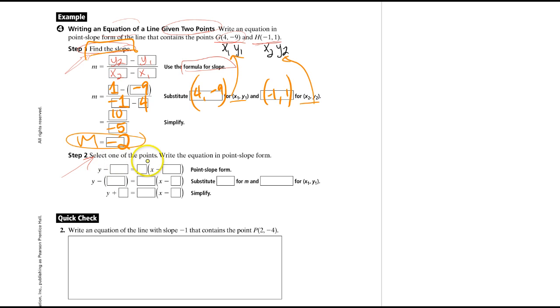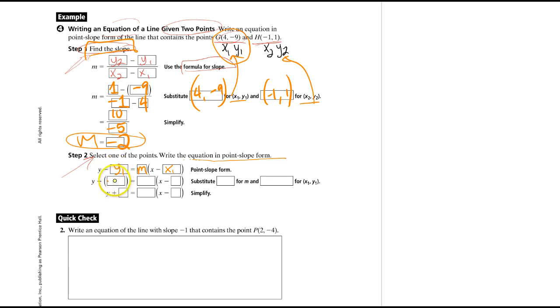Now we can select one of the points and write the equation in point slope form. All right, well, what was point slope form again? Y minus y1 equals slope, or m, times x minus x1. Okay, well, hey, let's just go ahead and use our x1, y1. They've already been pre-labeled for us.